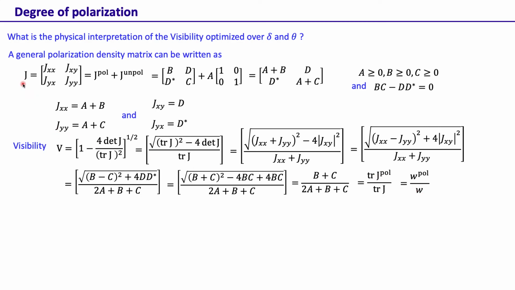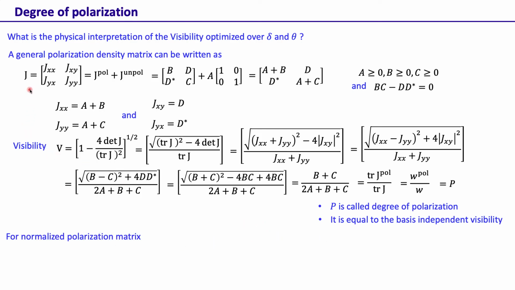If we write a general polarization matrix as a polarization matrix that is completely polarized plus one that is completely unpolarized, then this visibility is equal to the intensity of the polarized part divided by the total intensity. That is a physical interpretation that comes out. We also give it a name, P. This is called the degree of polarization, and of course it is equal to this basis independent visibility.